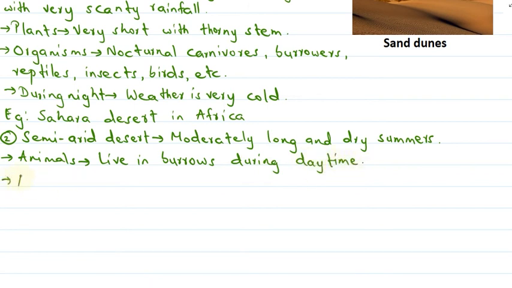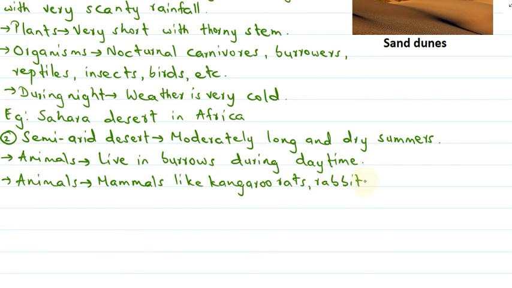Then the animals that can be commonly found in this desert region include mammals like kangaroo rats, rabbits.